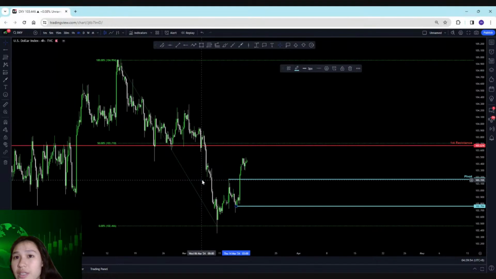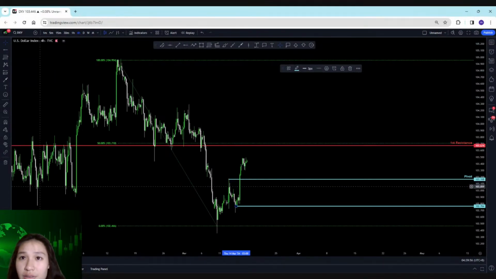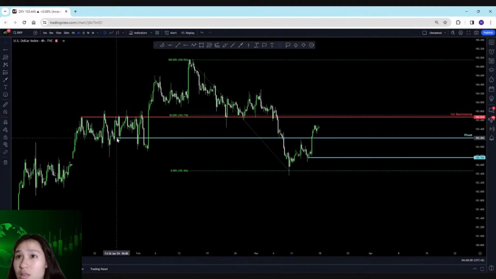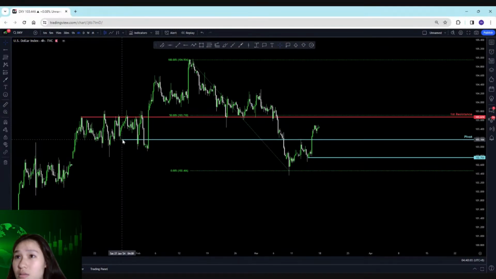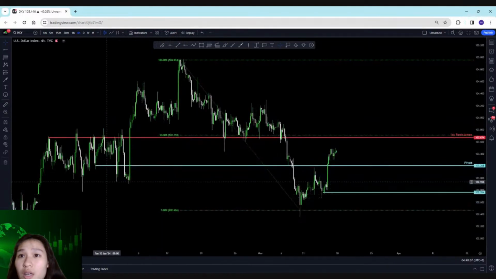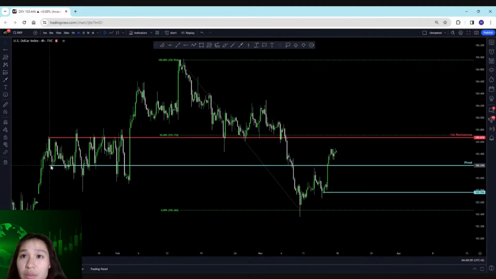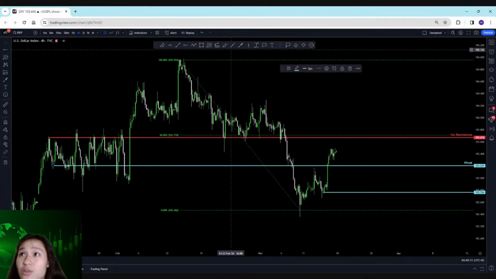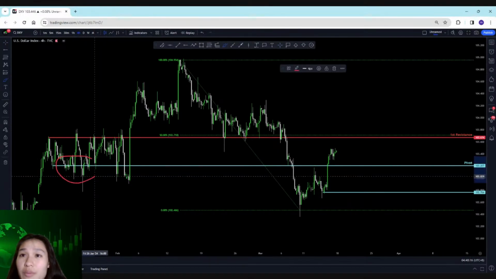The reason for that is because there aren't really any levels that I can reference. Or maybe here, yeah, maybe the swing low here. So if you're wondering why I'm not pulling it back all the way to this swing low instead, it's because over here it's a bit too messy.